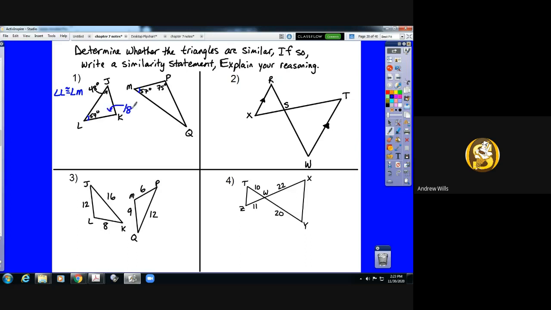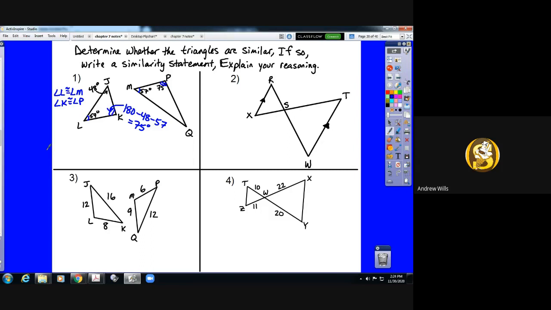If we want to know the measure of angle K, all we have to do is subtract the two angles that we know from 180 degrees, which means that angle K is 75 degrees, which means that we have a second set of congruent angles because angle K and angle P are both 75 degrees.